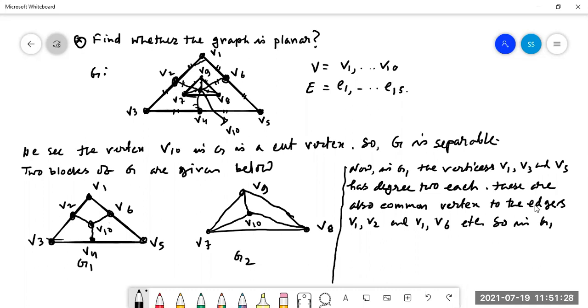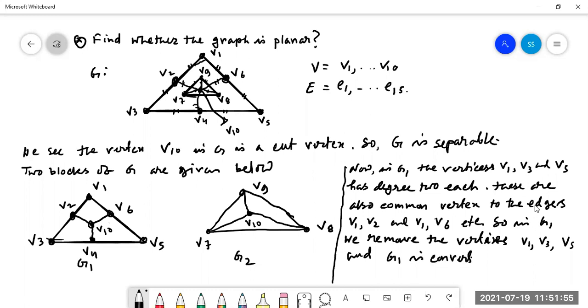So in G1 we remove the vertices V1, V3, and V5, right?